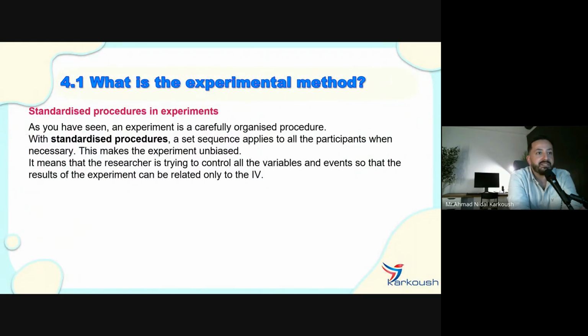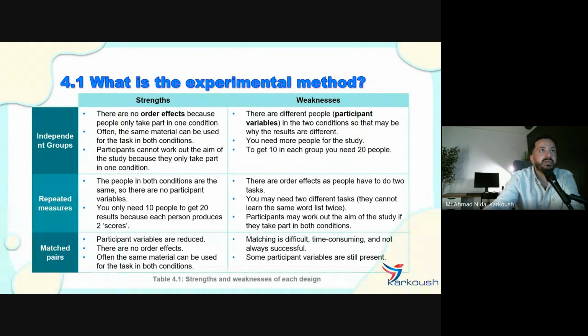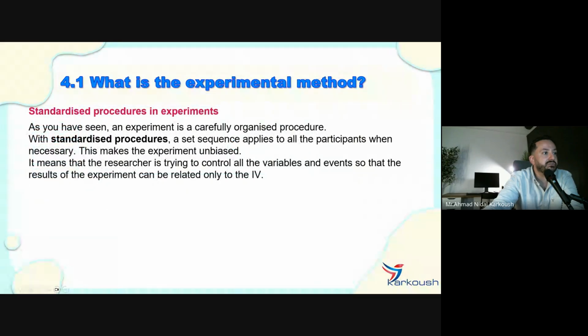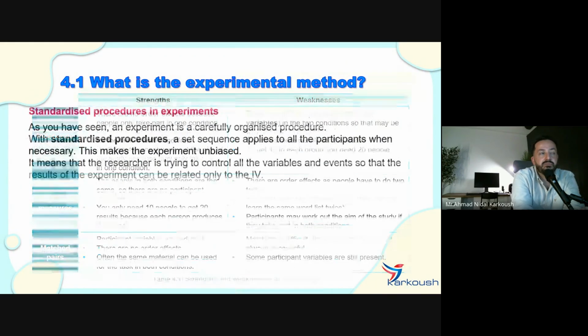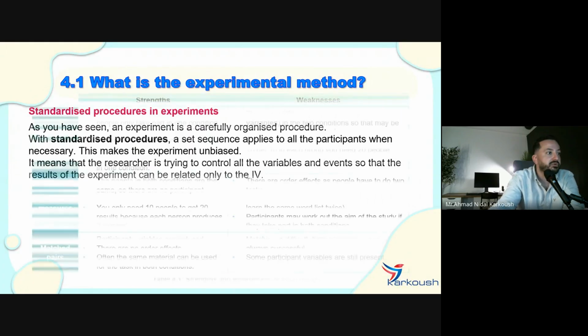I don't know why my presentation keeps moving on its own, but the independent group, let me check. Maybe I clicked on automation. Did I click on automation? How do I not automate this? Okay. So independent groups. There are no order effects because people, oh my God, how do I stop this from moving?